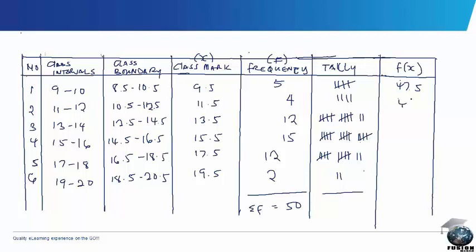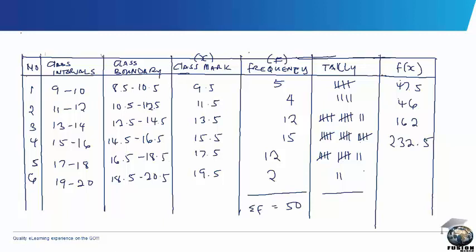Then the next class we have 13.5 times the frequency of 12, and then we have 162. Okay, and then 15.5 times 15, we have 232.5.